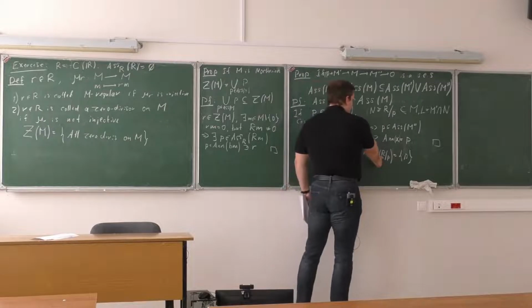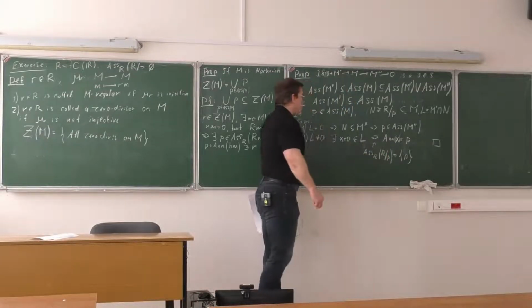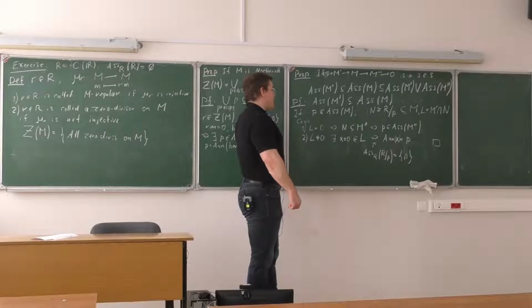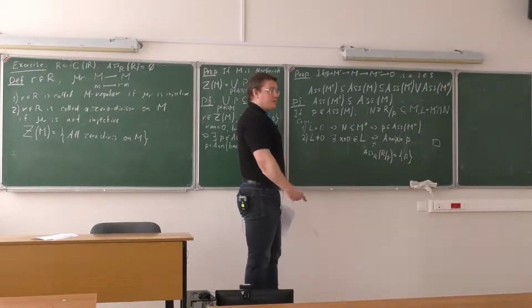Whenever you take any class here and you try to understand the annihilator of this class, if this is a non-zero class, then the annihilator is exactly P.